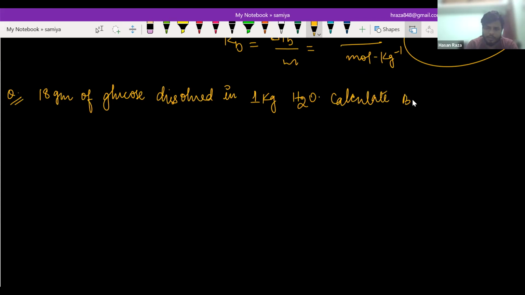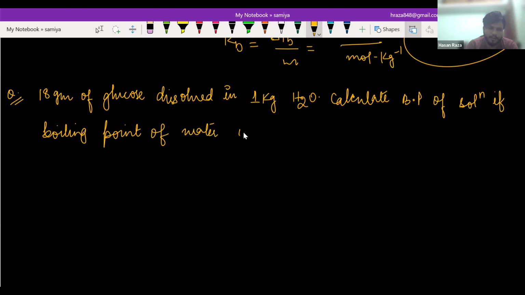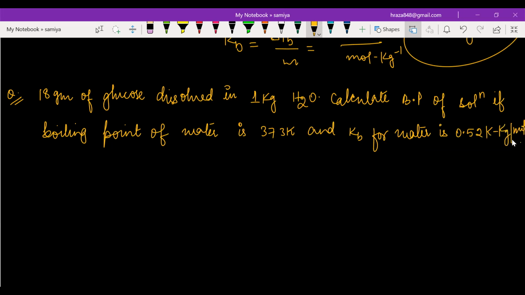Calculate the boiling point of the solution if the boiling point of water is 373 Kelvin and Kb for water is 0.52 Kelvin kg per mole. Please solve it.